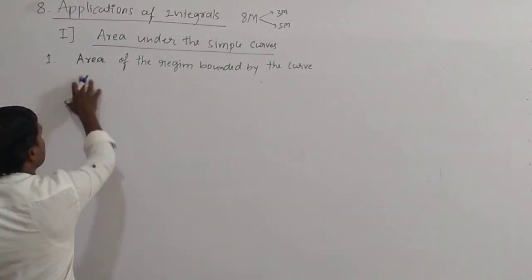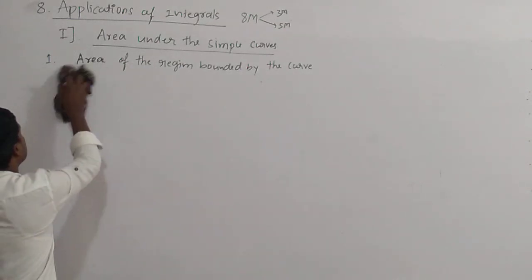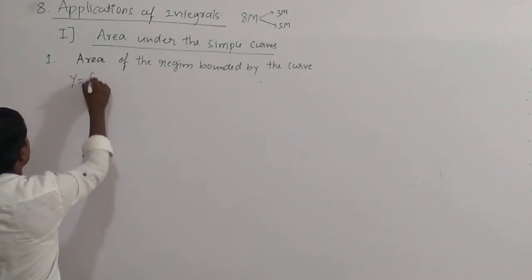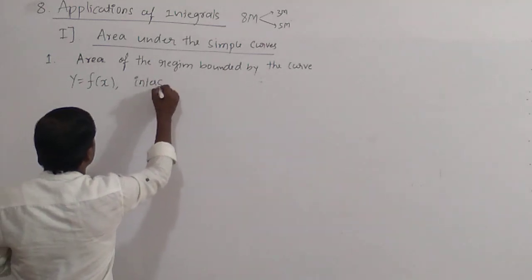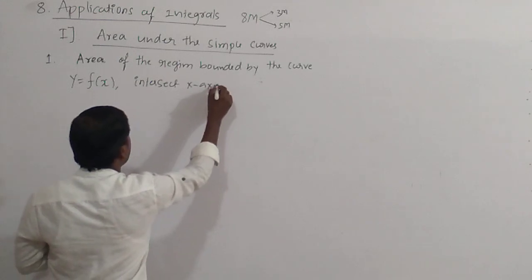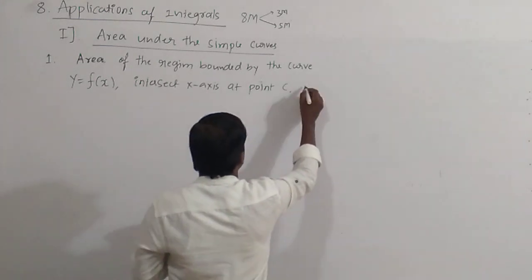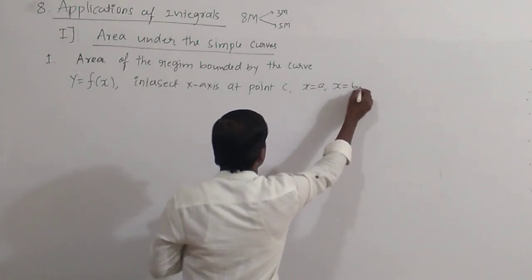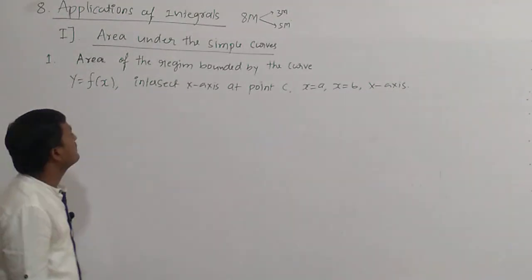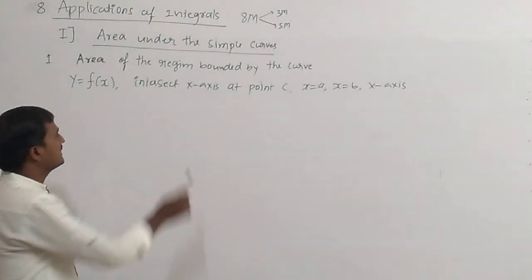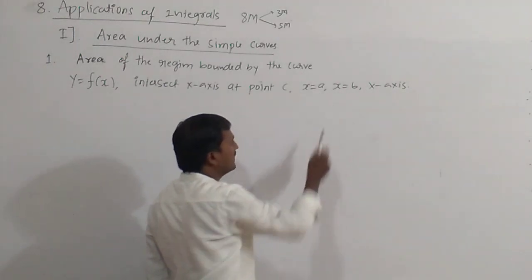Suppose you want to find the area of the region bounded by the curve y equal to f of x, it is like this, y equal to f of x, right? And it intersects the x-axis at point c, with the lines x equal to a and x equal to b. Then how do we find the area of the region bounded by the curve y equal to f of x, intersecting the x-axis at point c, with the lines x equal to a and x equal to b?